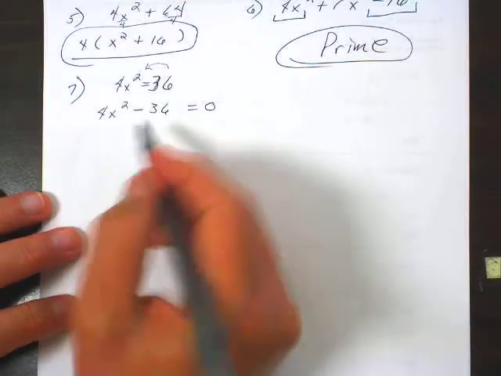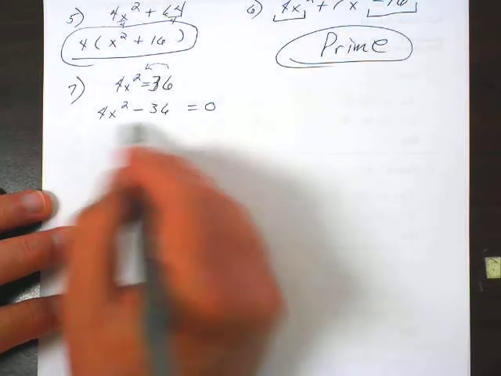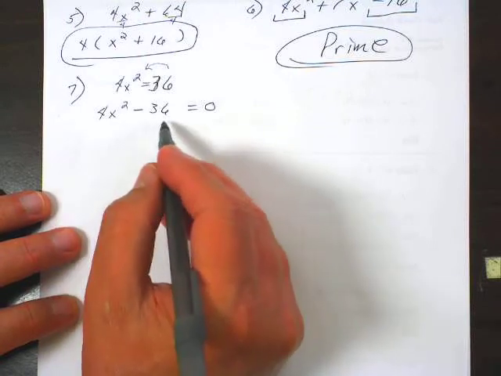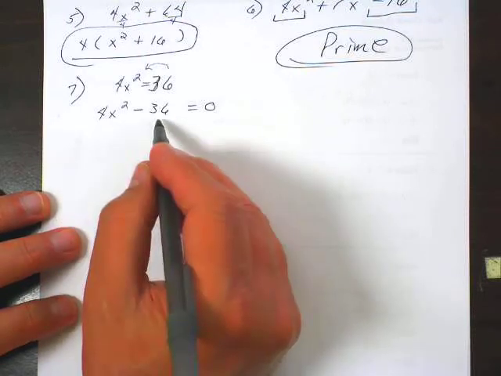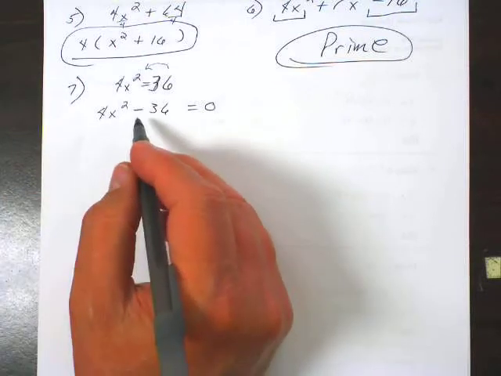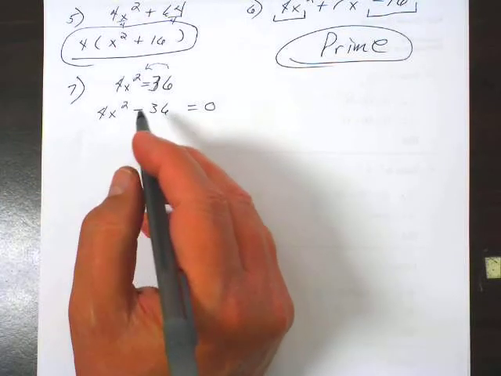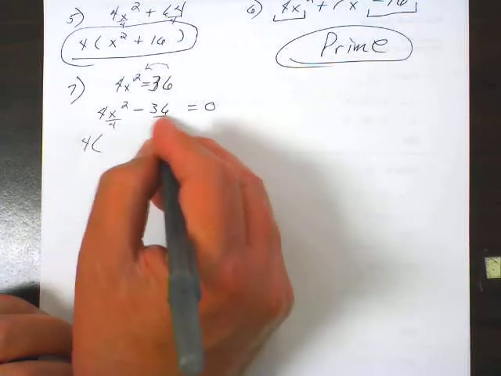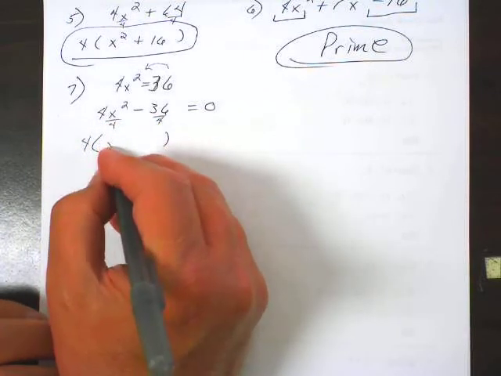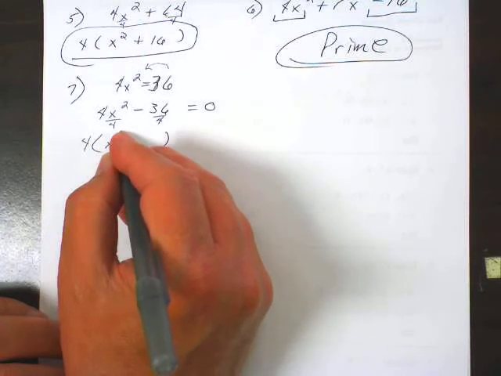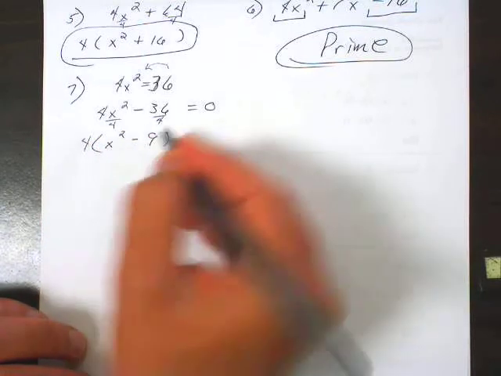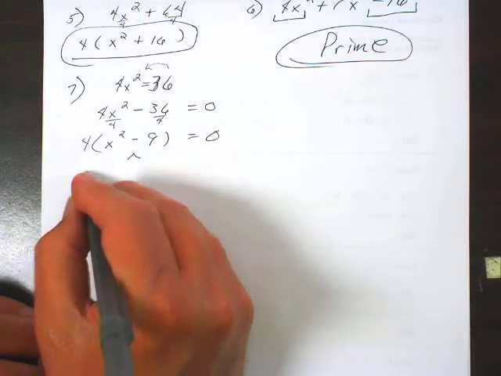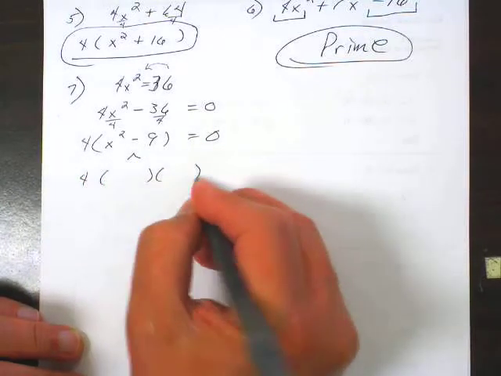Then we're going to factor this over here. Okay, now, is there a common factor here? Can these two terms be divided by a common number? 4. And if we divided each of them by 4, what would that leave inside the parentheses? x squared minus 9. Then this is the difference of squares, so how would that be factored, Valerie?